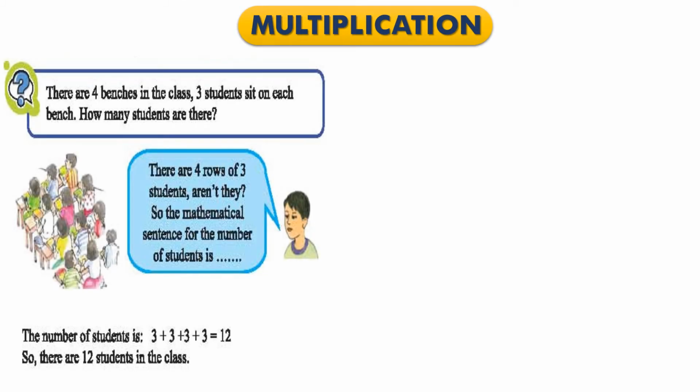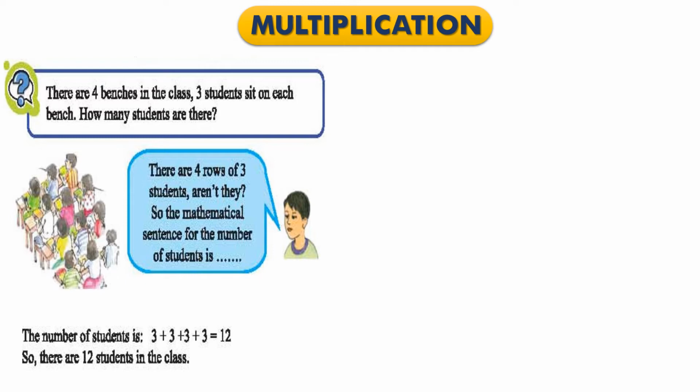Well, here you can see that there are 4 benches in the class. 3 students sit on each bench. So how many students are there? If you look into the picture, you can see that some students are sitting on the bench, and you can count that on every bench there are 3 students. So let's count how many benches are there. There are 1, 2, 3, 4 benches.